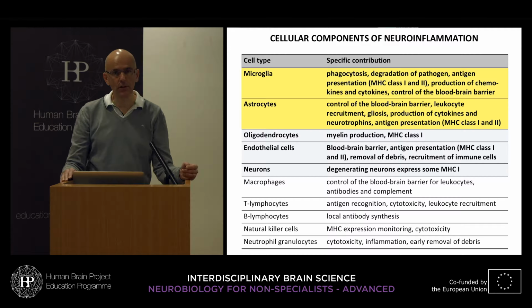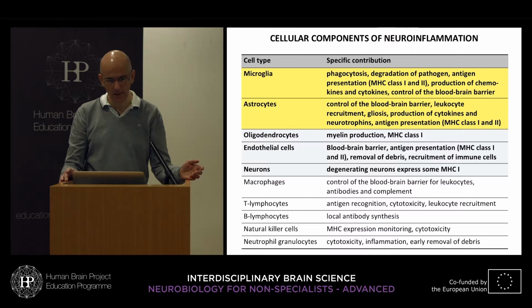I already mentioned microglial cells and astrocytes before. These two are the most important cells of the immune system in the brain or in the nervous system.